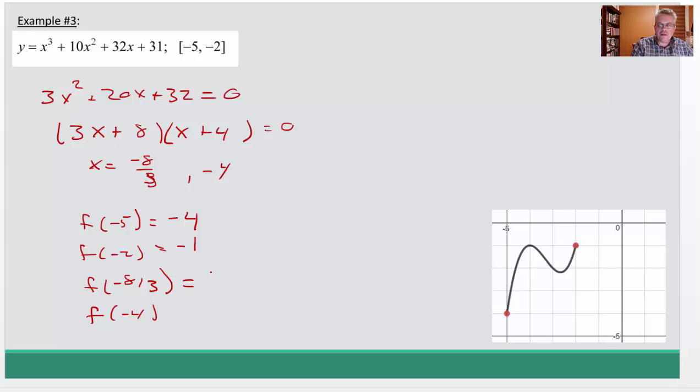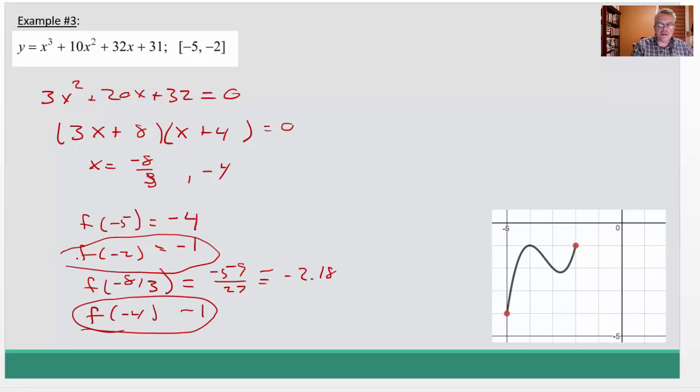At -8/3, it's a lovely -59/27, which is about -2.8. And at -4, it's -1. So the winner for the maximum would be these two points at -1. So this is a max, and this one's a max. Then for the minimum, the winner is this one. This one's the minimum.